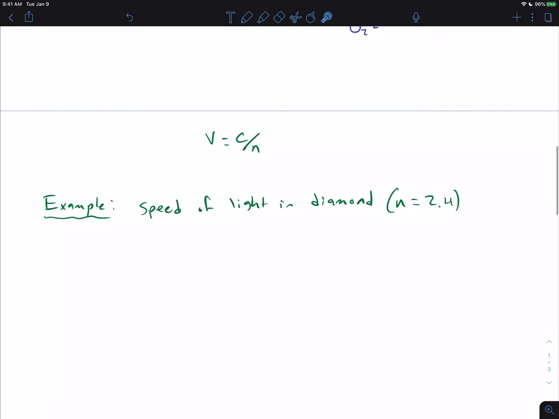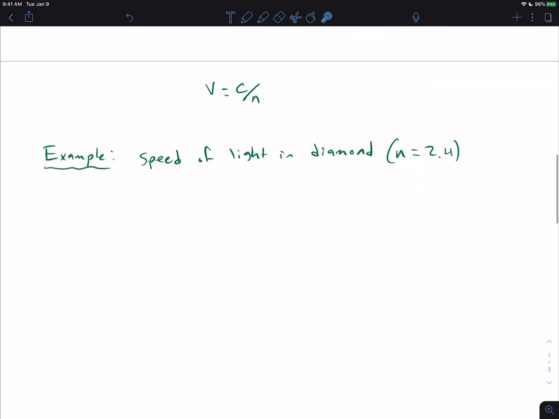The last thing is that not only the angle of this light is affected, but also the speed or velocity of light in any of these mediums is affected when you go from something like air to something with a higher density or a higher index of refraction.